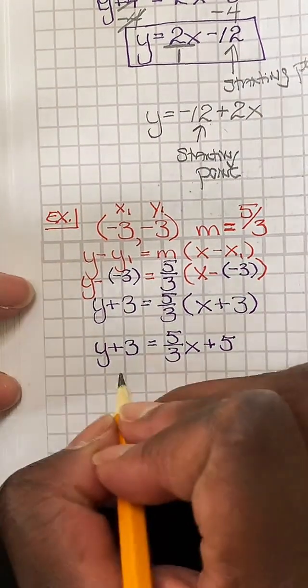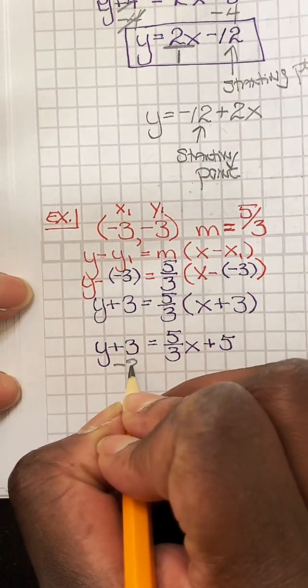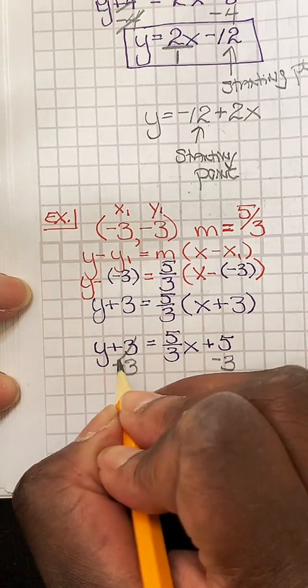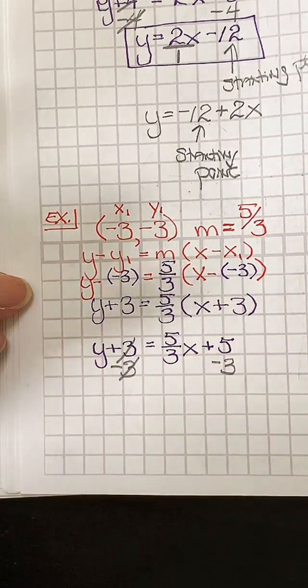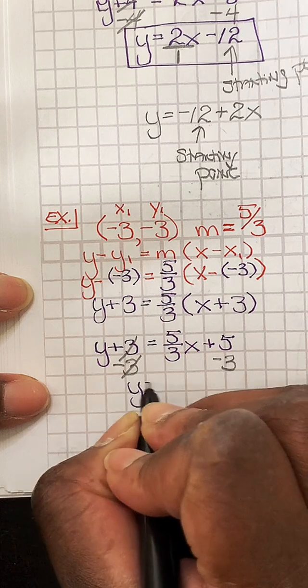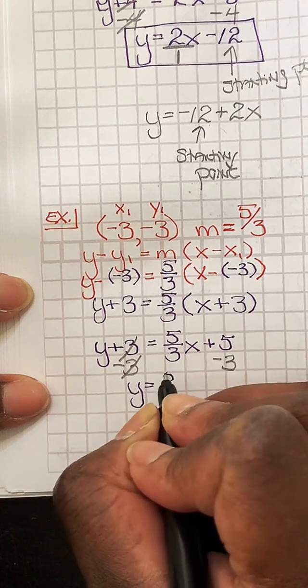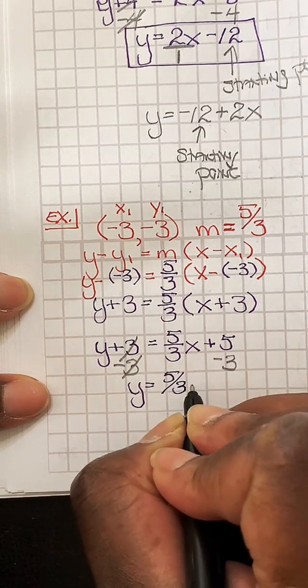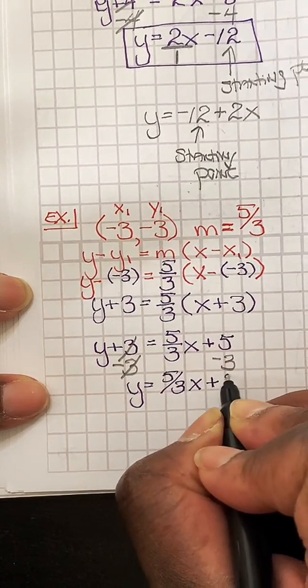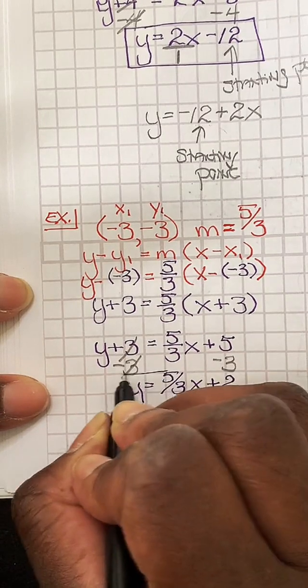Nice. Good job, ladies. Here we go. So we subtract the 3 on both sides because we want to get y by itself. So that means we have y equals 5/3 x, but this time it's going to be plus 2.